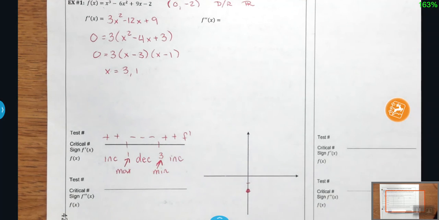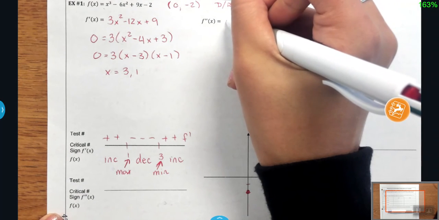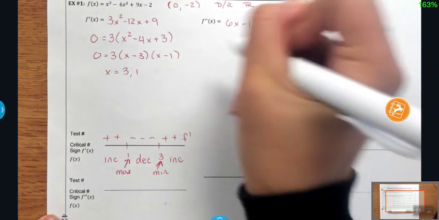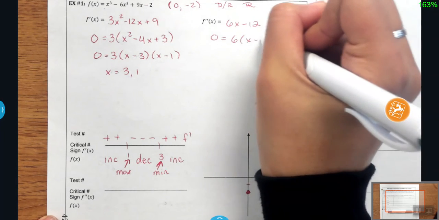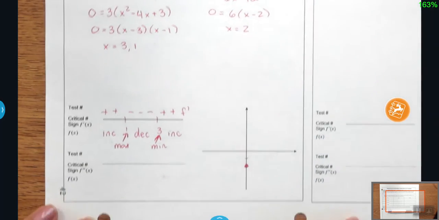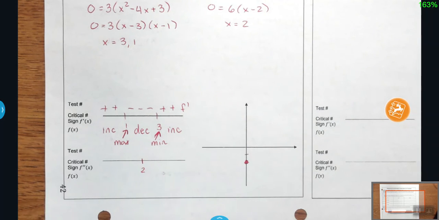Awesome. Okay, let's do our second derivative and see what's up there. 6x minus 12. Set that equal to 0. And then we do a number line for the second derivative.